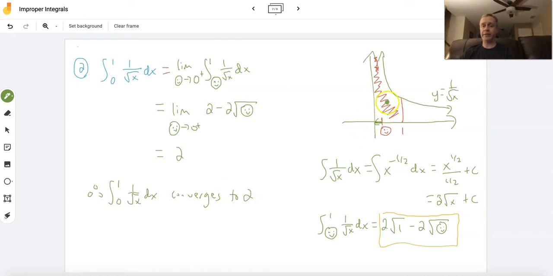Meaning this region technically continues to go on forever, because this graph will never touch the y-axis, but as we continue to add more and more area to what we currently have, that area's total value is going to ultimately approach and get closer to the value of 2.